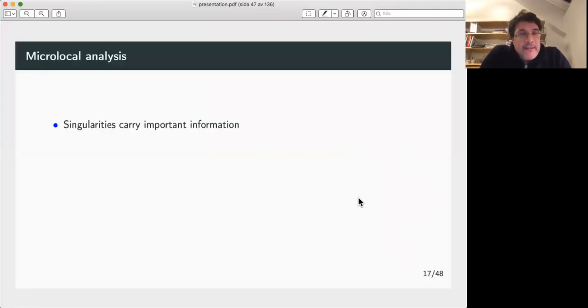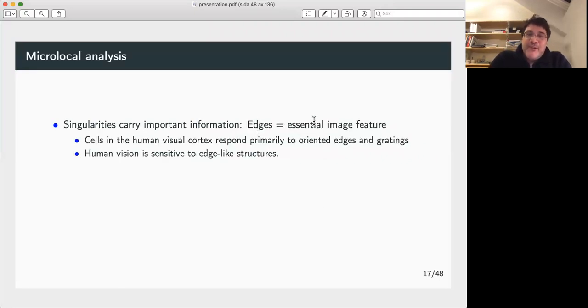So singularities carry important information. In particular for images, singularities would intuitively translate into edges. And there's all kinds of biological evidence that the way humans or even mammals in general perceive visual information, edges are a critical component in that.